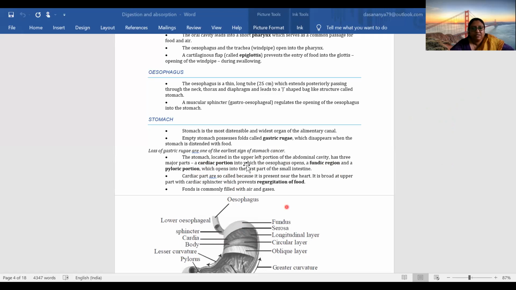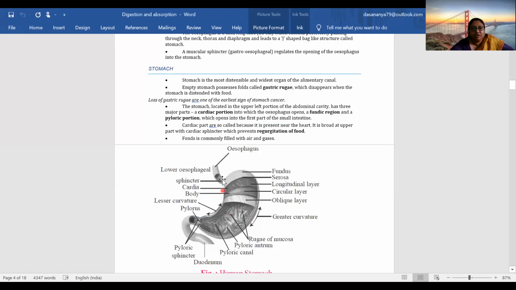So this upper part is called the cardiac part, then the whole part is the fundus, and this is the pyloric region. The cardiac part, as I said, is the broad upper part which has the cardiac sphincter, which prevents the regurgitation of food. We discussed already.